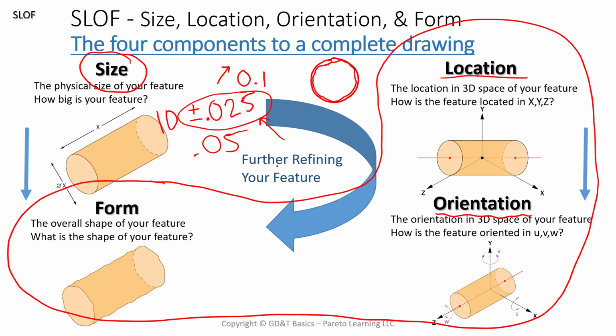So if you had a go gauge, for example, just a ring or a sleeve that you put over a cylinder, that was set at 10.025, that sleeve should be able to go over the part. Now, we're not controlling what angle the cylinder is relating to the rest of the part, or where the orientation is, but just that physical cylinder size needs to fit within that rule number one, and that is always the case.